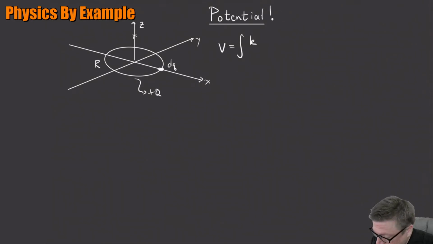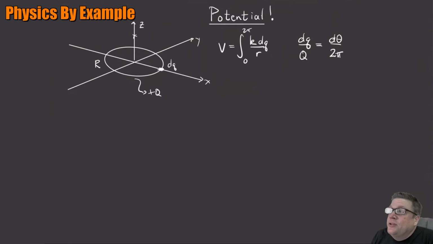So it's just going to be adding up all the little K dq over r. And just like before, I'm going to go from 0 to 2 pi because I want to go all the way around the ring. Just like before, I'm going to change variables to theta. So dq over Q, a little bit of charge compared to the whole charge, is like a little bit of angle compared to the whole angle, 2 pi.